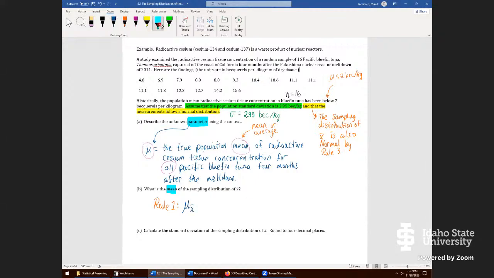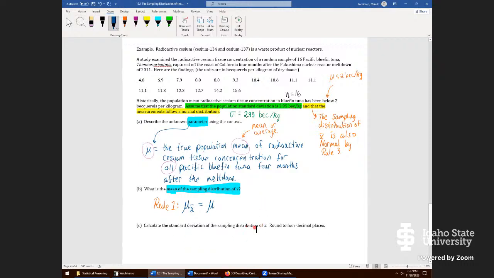Mu sub X bar. And that's just equal to mu. Unsatisfying in a way because we don't have a number for this value mu. This is the unknown parameter that we're trying to estimate. But that's all they're meaning for in this problem. Just say what it is, we'll put in mu, and now we know what mu represents as well.